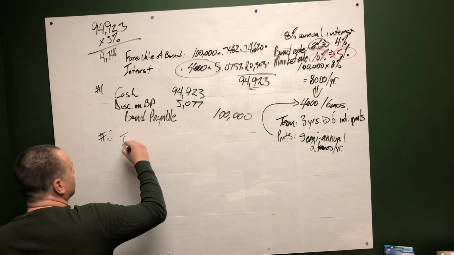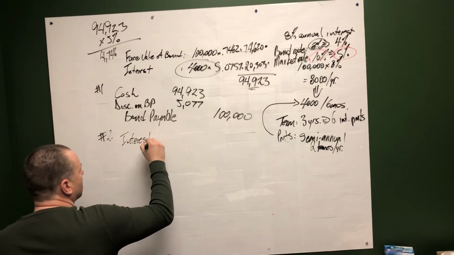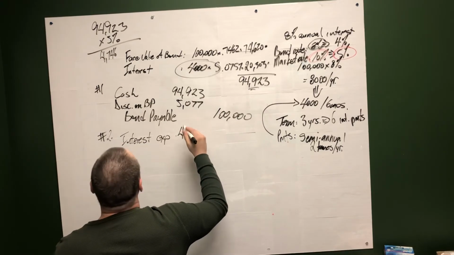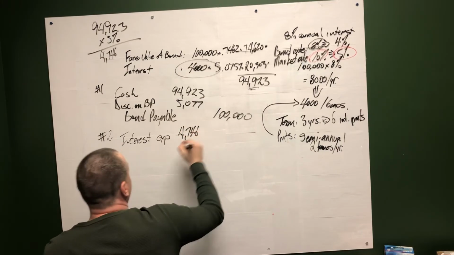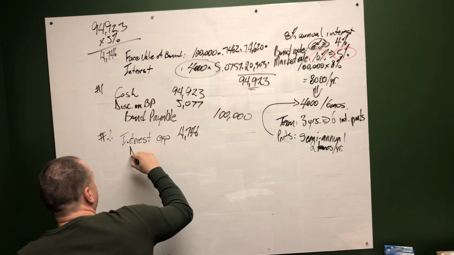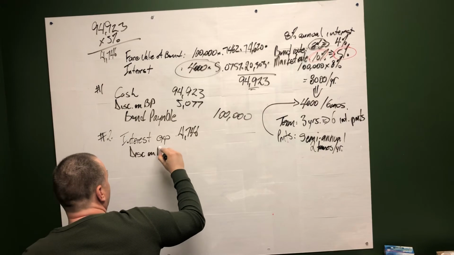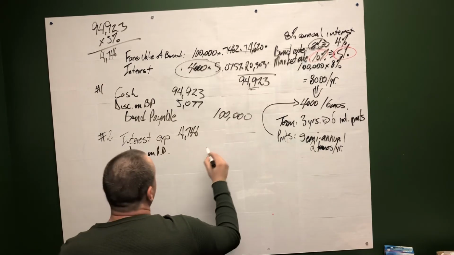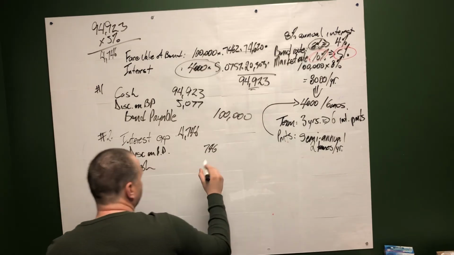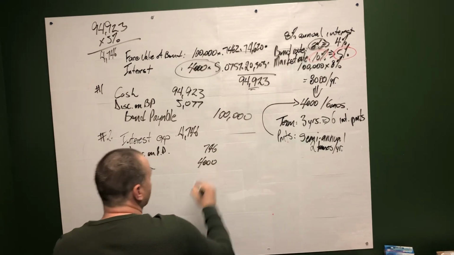Debit interest expense $4,746. I'm going to credit my discount on bond payable $746, and I'm going to credit cash, because that's the cash that I'm paying out to my bondholders, of $4,000.